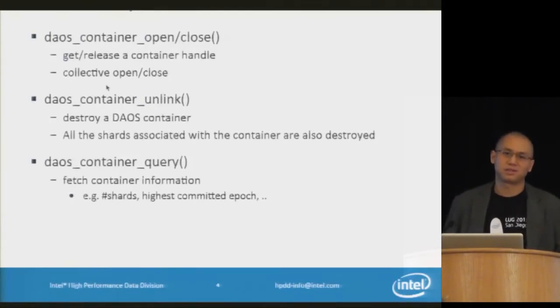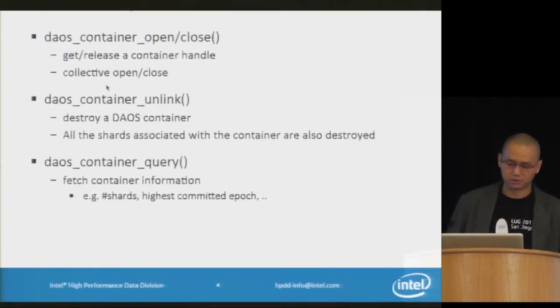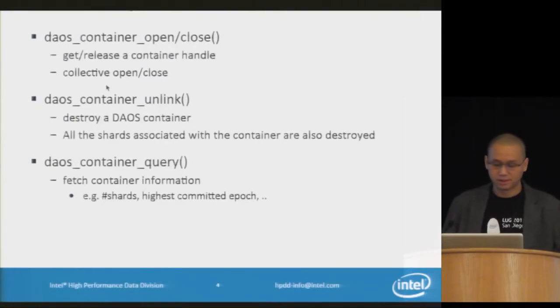The handle is just like a file descriptor. The user will use this handle for following I/O requests, and also needs to provide an access mode, which is quite like the access permission of POSIX. The user can also indicate whether it is a collective open. I will introduce this on the next page.